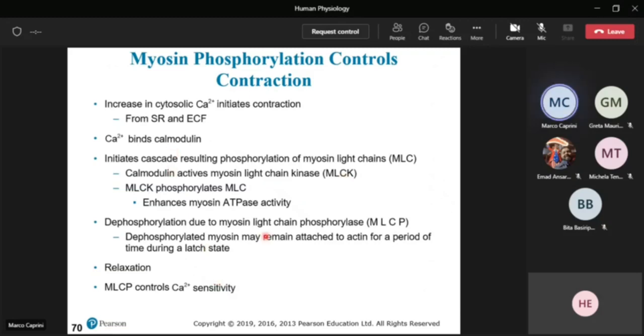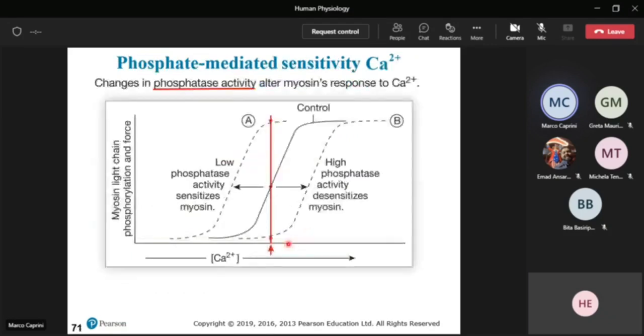This is the resume slide, okay? It's the same slide as usual. But the important point that I would like to share with you is this one, because the activity of the phosphatase alters myosin response to calcium.